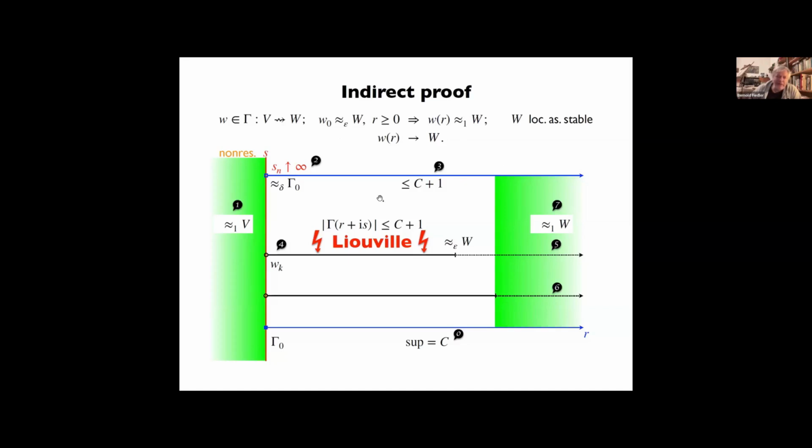Now, in step 4, I say, what happens in between? Well, in between, I fix that Sn now, arbitrarily large. Now I have a compact imaginary interval from 0 to Sn.